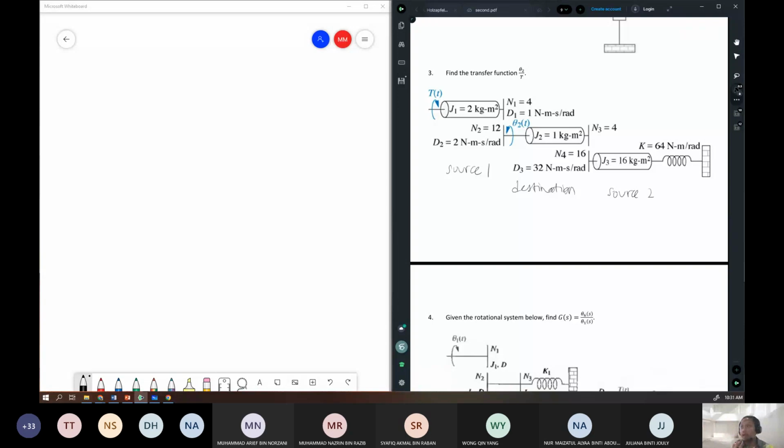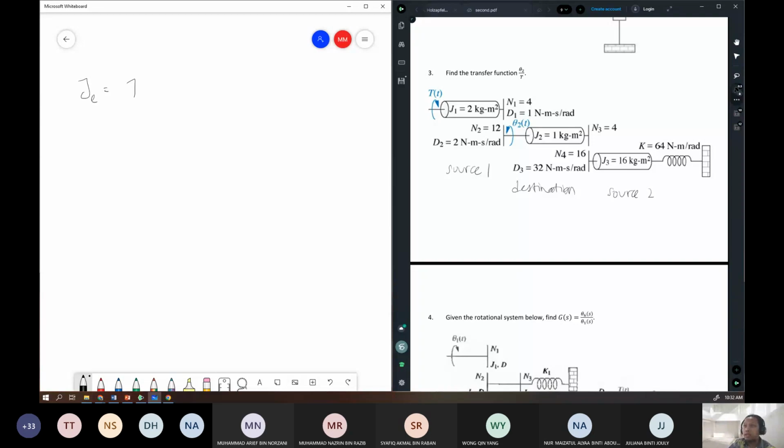Okay, so let's calculate the total impedance by performing impedance transfer. Firstly, calculate JE, J equivalent. We want to transfer everything to the middle shaft. The middle shaft already has J2, so J2 we don't have to transfer.